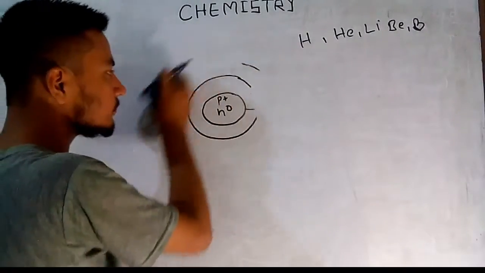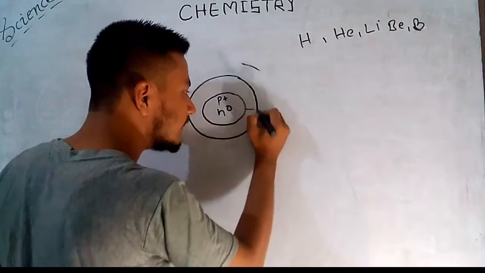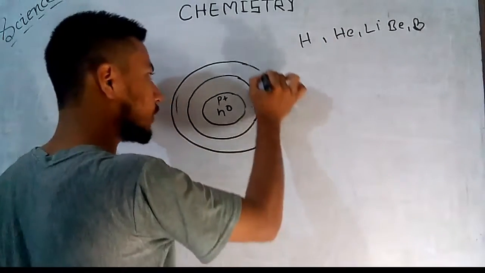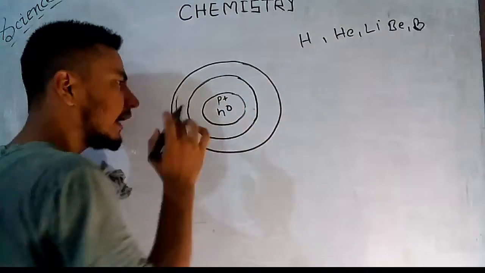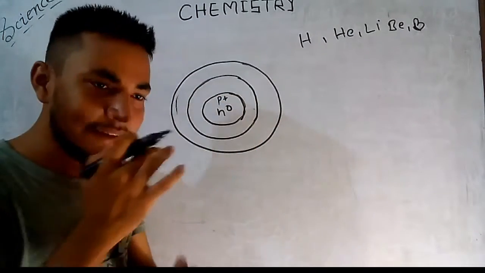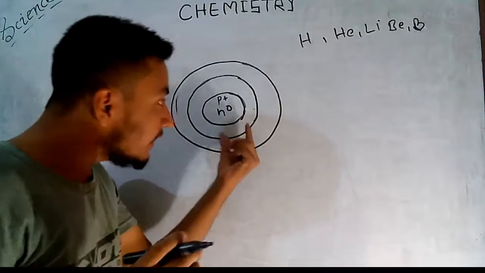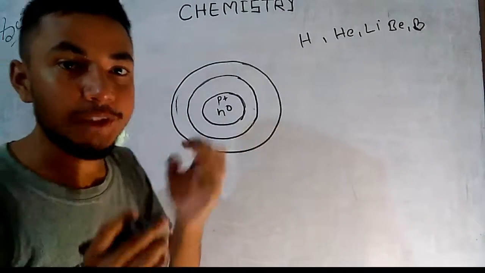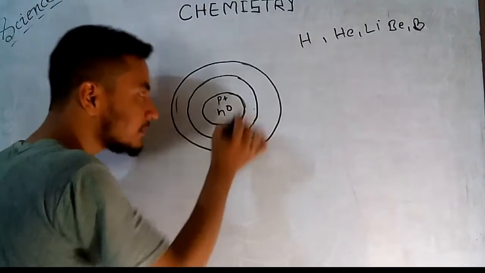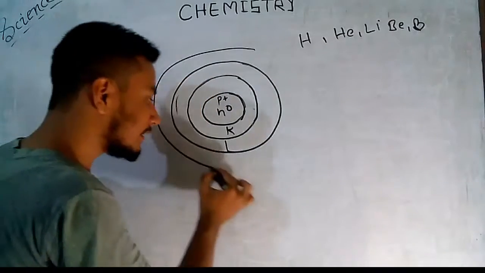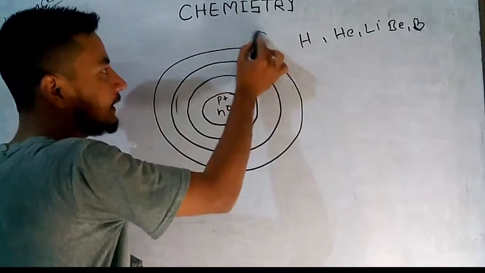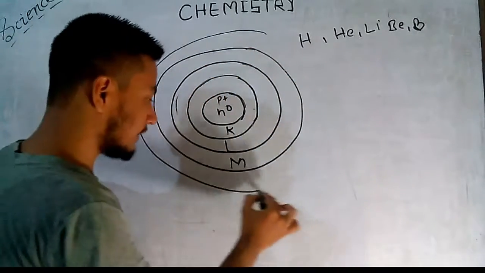Before starting this, let's see the shells. The capacity of each shell to occupy electrons is different. Listen here: this is called the K shell, L shell, M shell, and N shell.